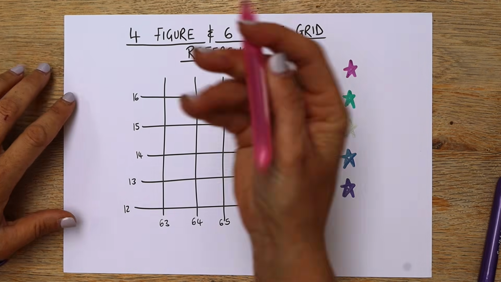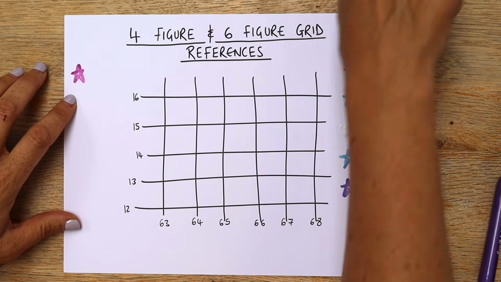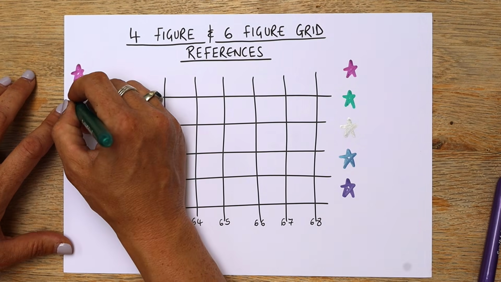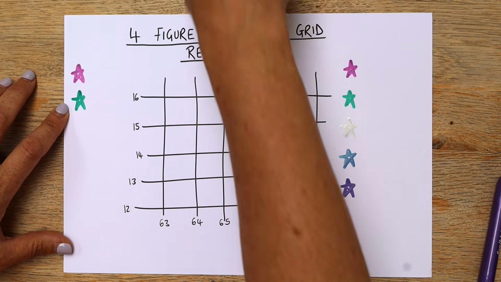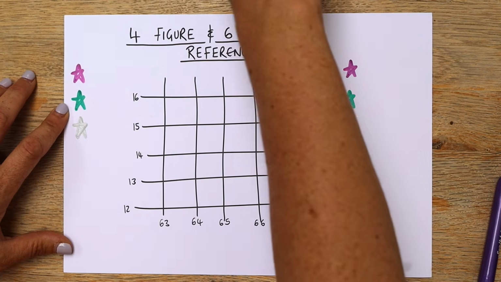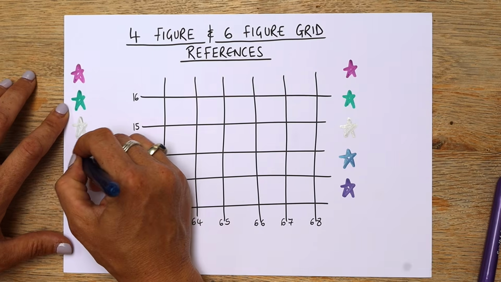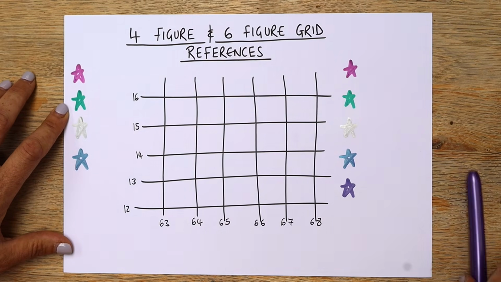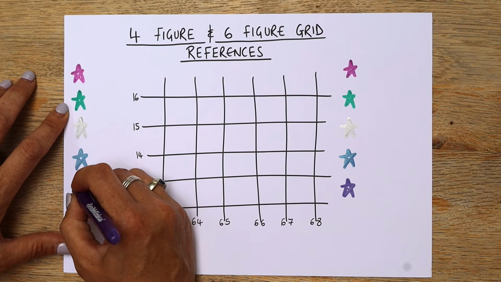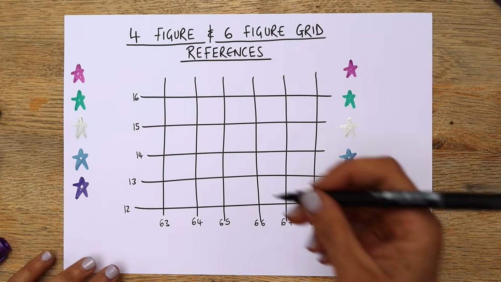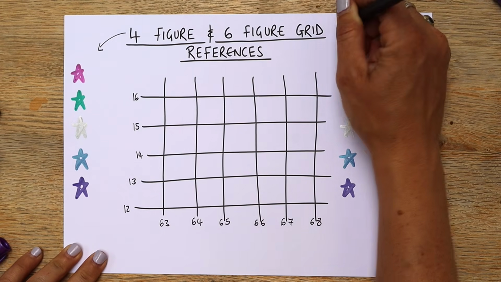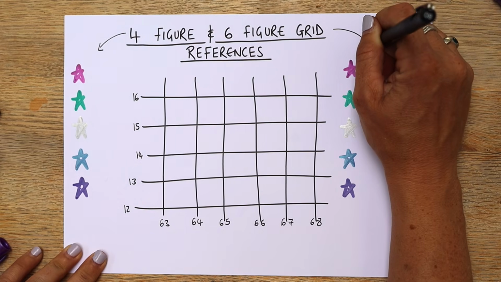I'm going to do that by doing 2 lots actually, so I'm going to put one over here in each colour. And another star. Okay. Blue. And finally another purple. Okay, so 4-figure can be this side, 6-figure can be this side.